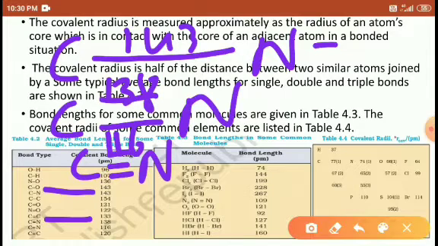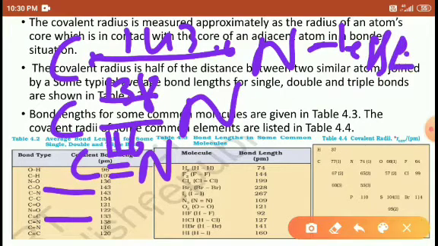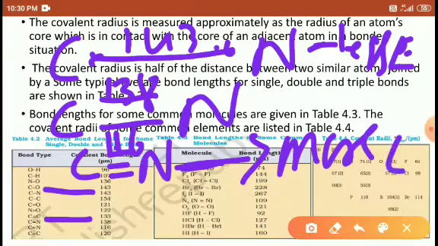So tell me, students, when the bond length is high, dissociation requires very little energy. When the bond length is small, 116 picometers, dissociation requires more energy. Right, students?